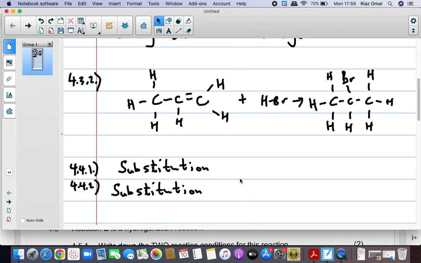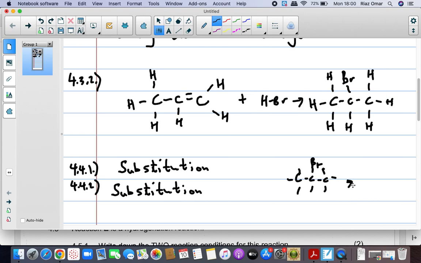Again, in our mind or on the side, if you don't know it, you write it on a page. You've got bromopropane, with carbon, carbon, and carbon, and there's a bromine there, and your hydrogens all over.